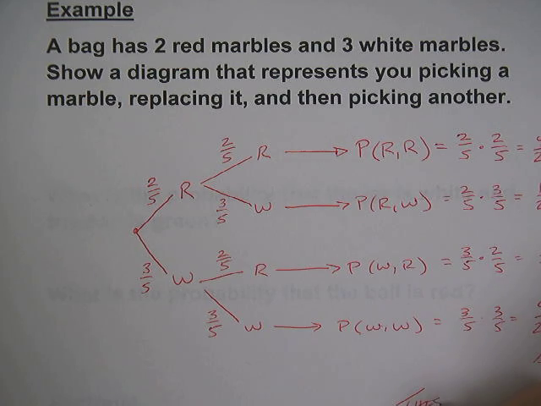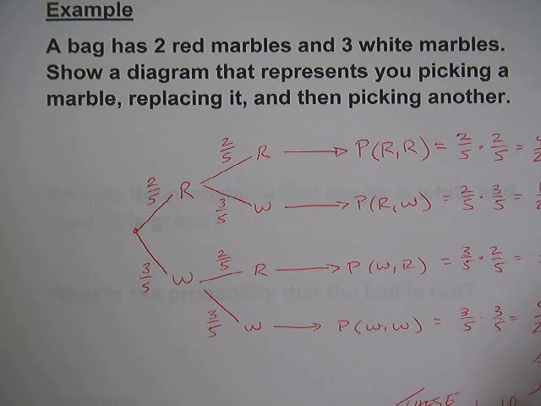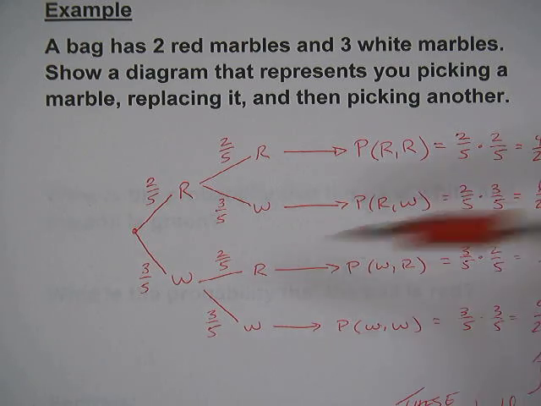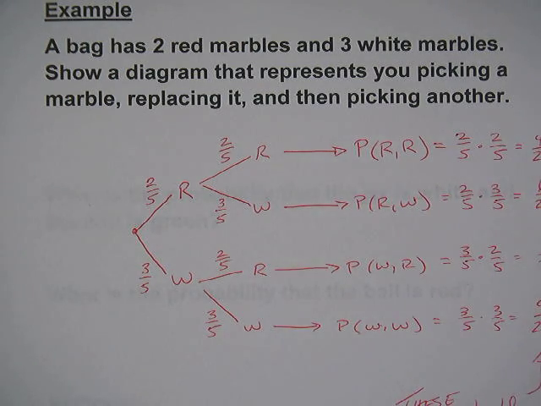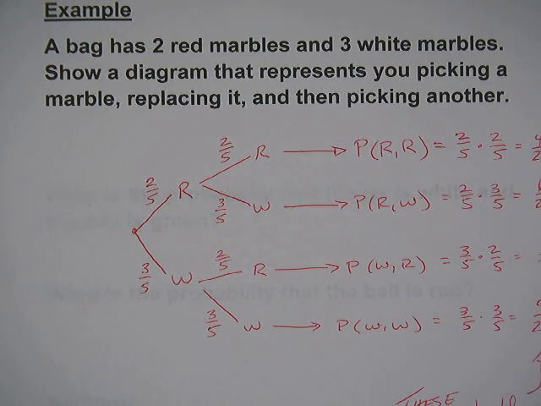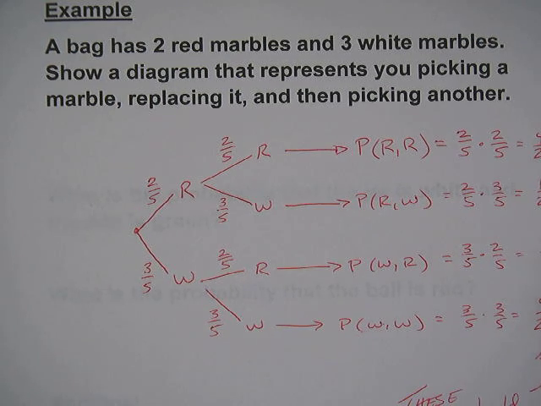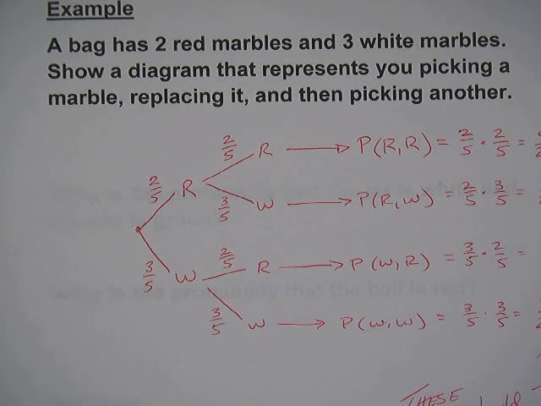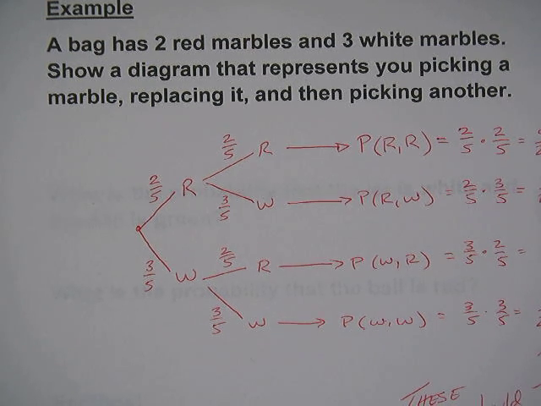Another thing for you to check: if we take a look at all these numbers, 4/25, 6/25, 6/25, 9/25, these probabilities should add up to 1. Hopefully that makes sense. If we're going through this scenario, and these are all the probabilities of the different situations that could occur, adding up all those possibilities should be a whole.